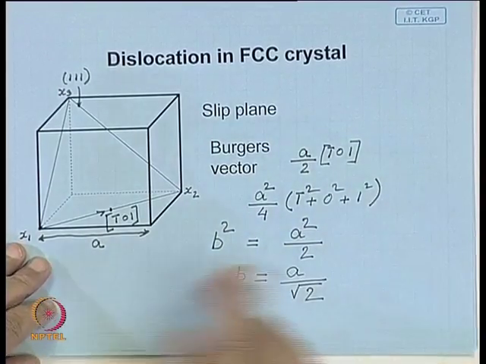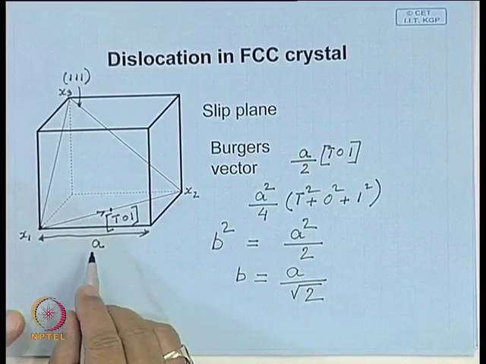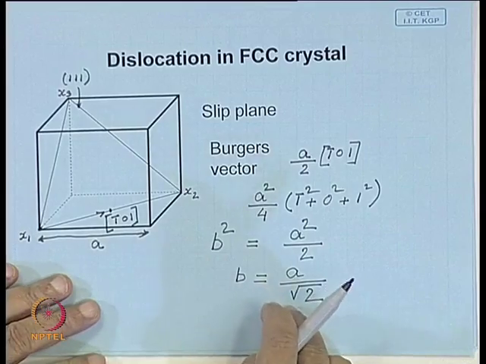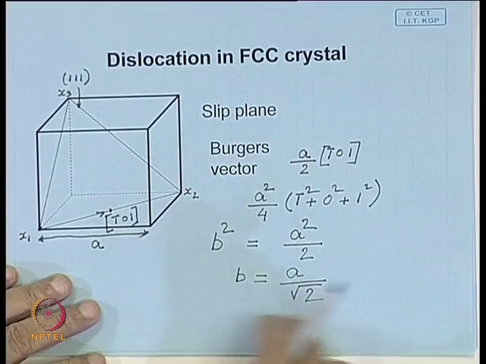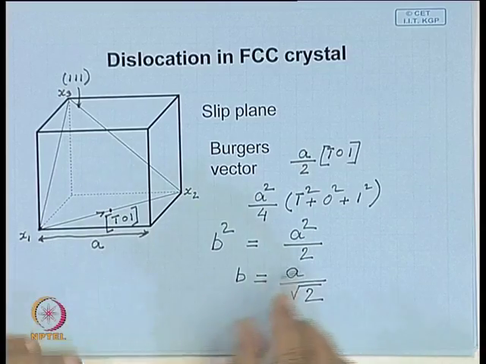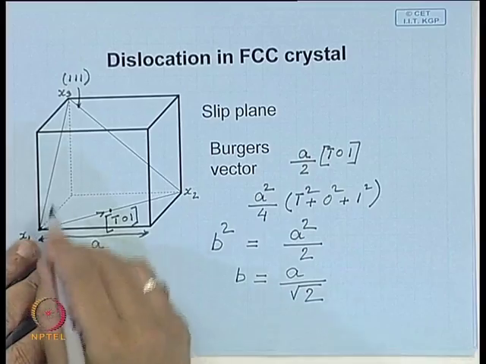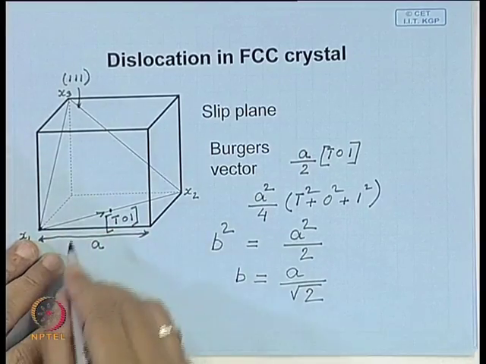Now, check this. Suppose this is the Burgers vector, can you draw a screw dislocation on this, which is very easy.